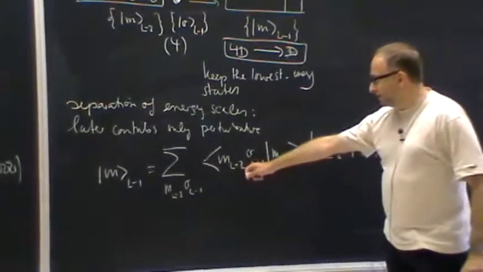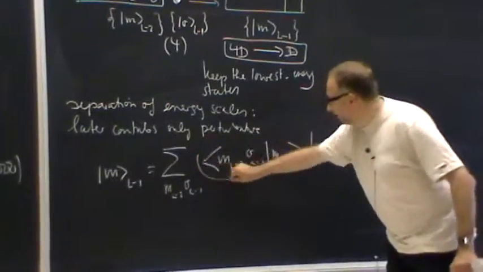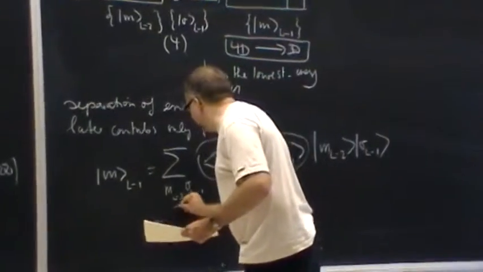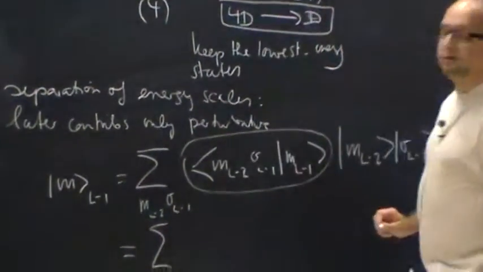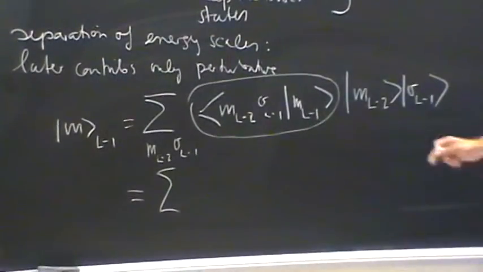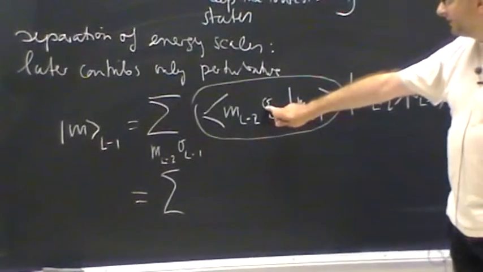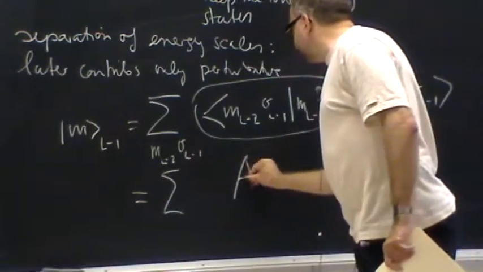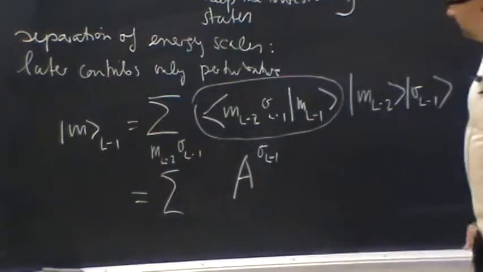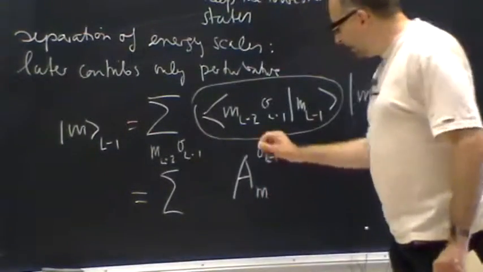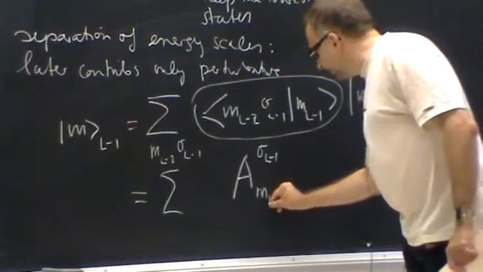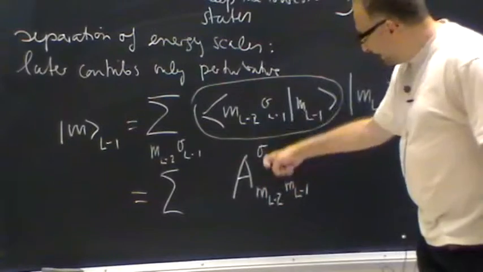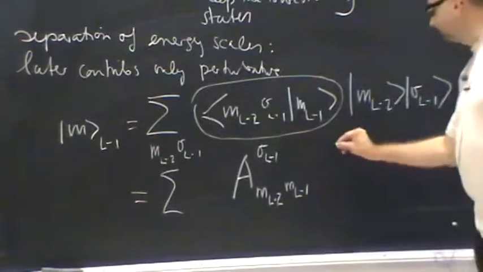And the procedure of Wilson is encoded here. And now I think you will see what I'm aiming for: we introduce a set of matrices A, lowercase d of them, one for each value of sigma, which means we would get 4 of them, matrices A^{sigma_{L-1}}. And we would identify row and column indices like M_{L-2}, M_{L-1}, and fill this matrix by these entries here.